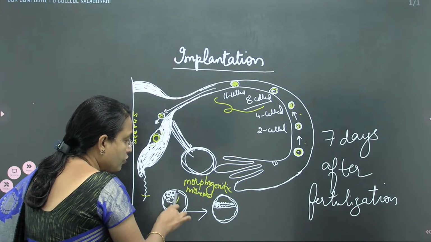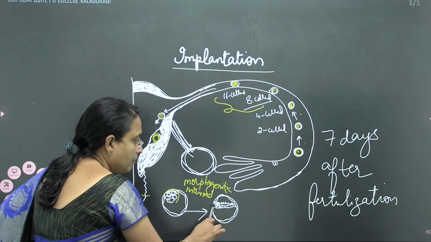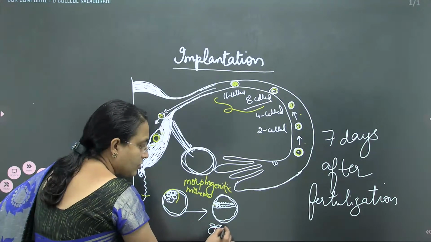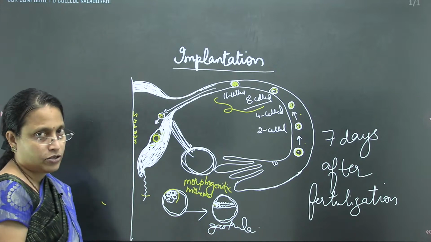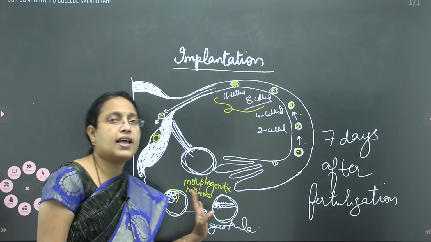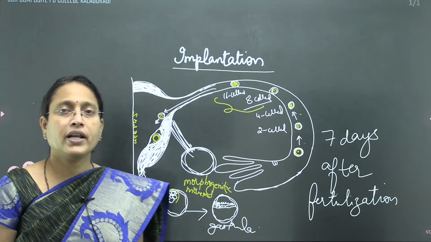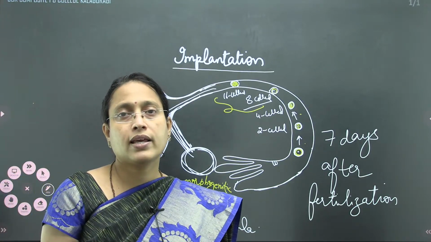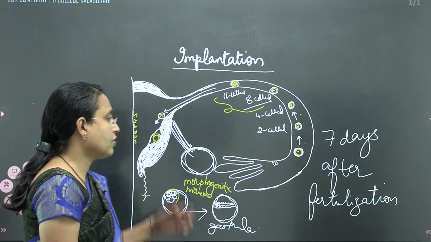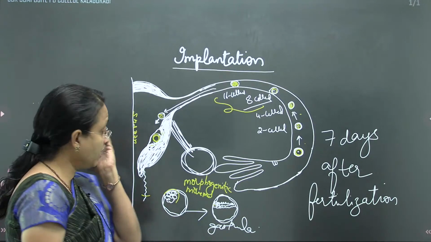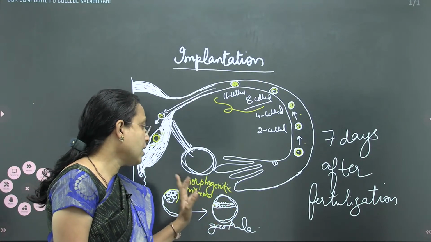Due to these morphogenetic movements, 3 germ layers are formed, and the structure which contains the 3 germ layers is called gastrula, and the phenomenon is called gastrulation. Before formation of the gastrula, 2 layers will be present, called the bilaminar disc, consisting of epiblast and hypoblast, which will later form these 3 layers due to morphogenetic movements.